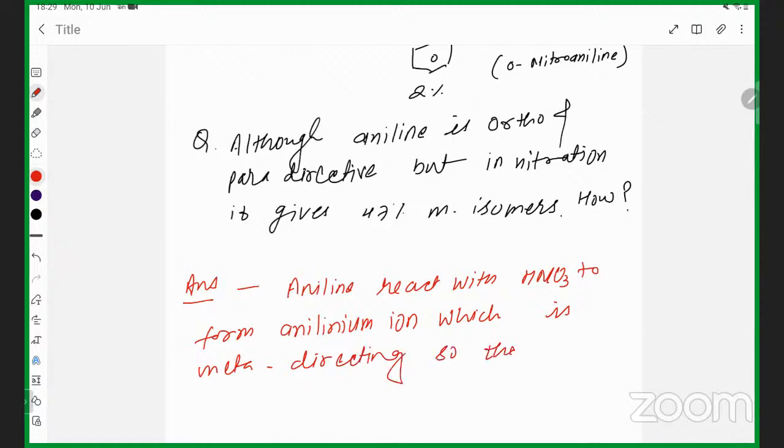So the major product is, so it gives meta isomer also.